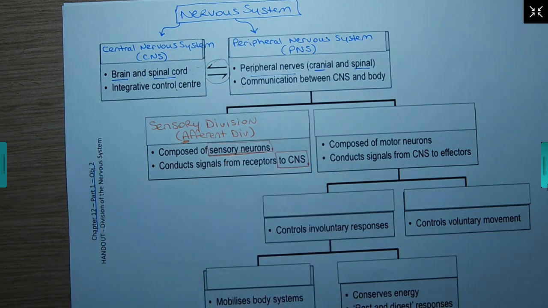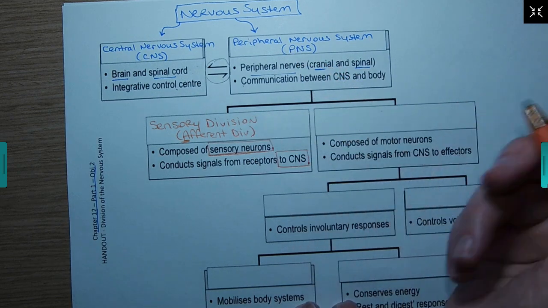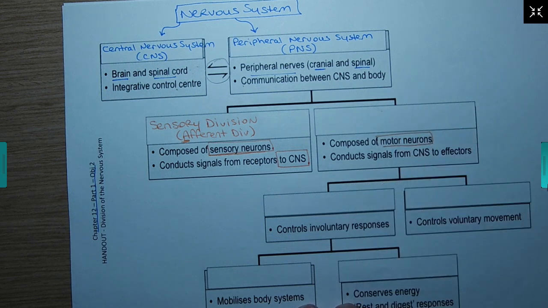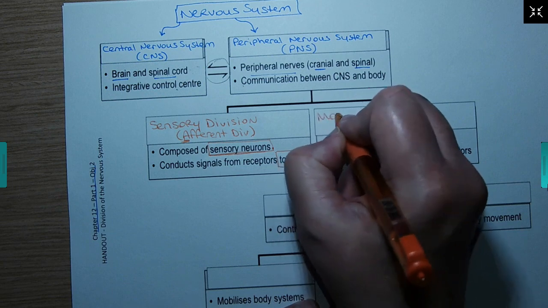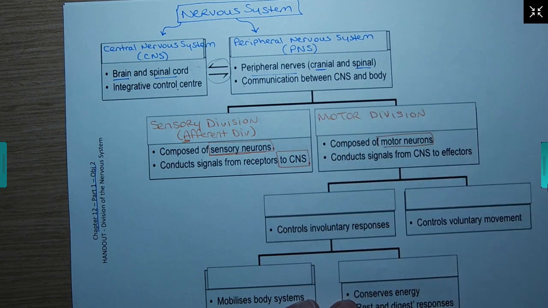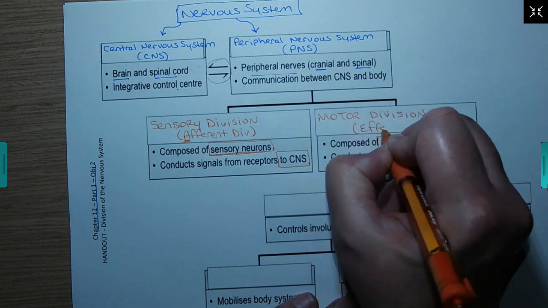You also have the other division off of the peripheral nervous system. So again, it's divided into the sensory division and into, if you kind of look here at the name of the neurons that make it up, it kind of gives you a clue what the name is. This is the motor division. Now, the motor division is also called the efferent division.